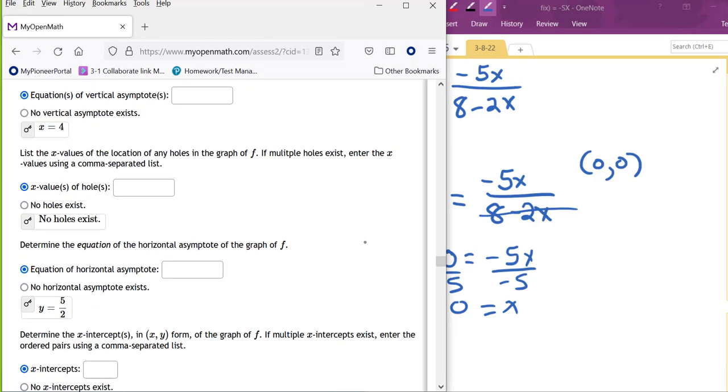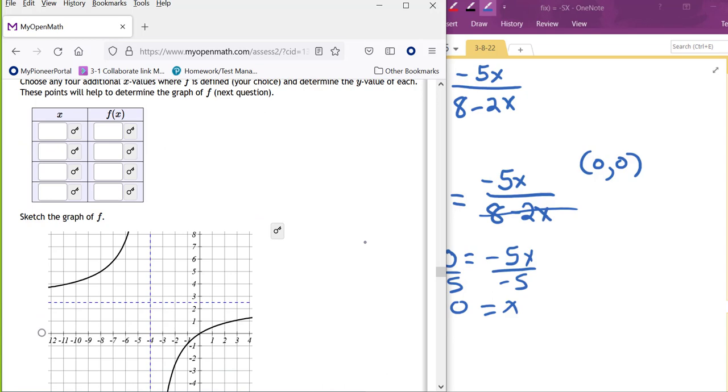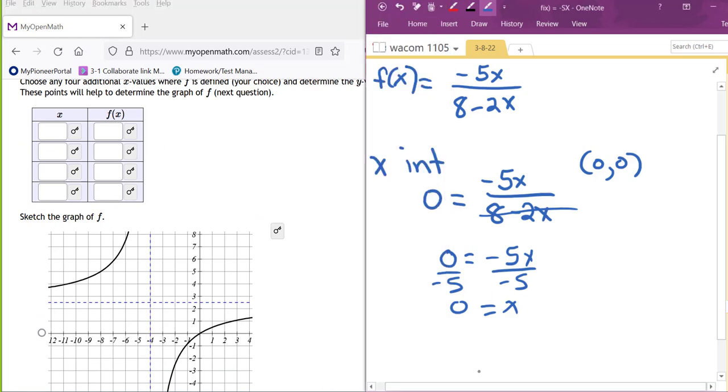And then they want us to do a table of values. There's your intercepts. They let us choose anything we want to put in there. If you were drawing this yourself, you would put these pieces that you have on the grid. I would put the asymptotes on first with dotted lines, and then put your intercepts, and you would pick points in each section.